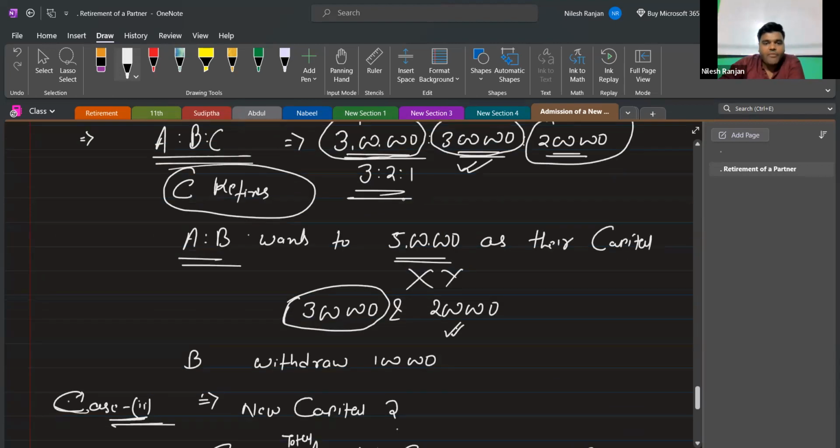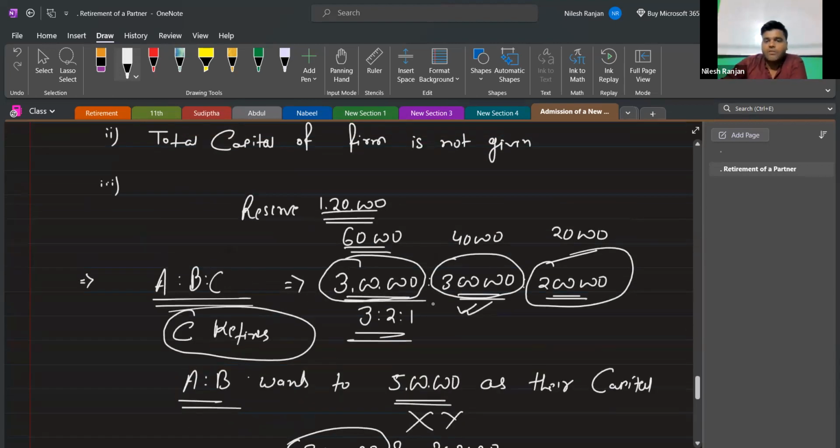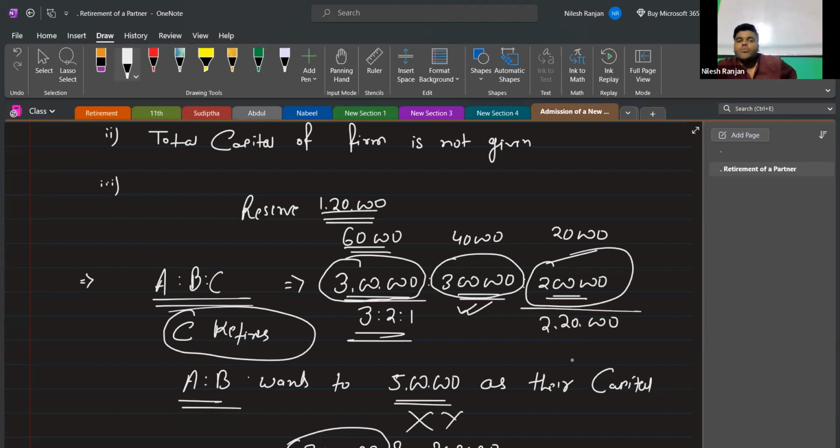Let's say after adjusting this reserve, the amount payable to C was 2,20,000. So we have to pay this amount, and for payment of this amount, A and B will bring cash. Now, if A and B bring cash, their capital will increase, yes or no?